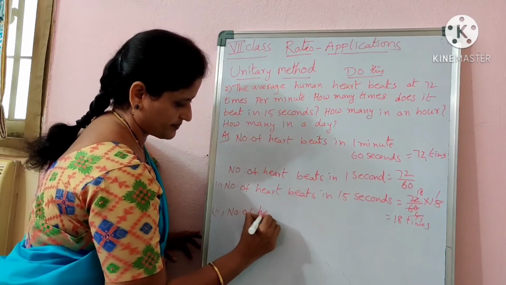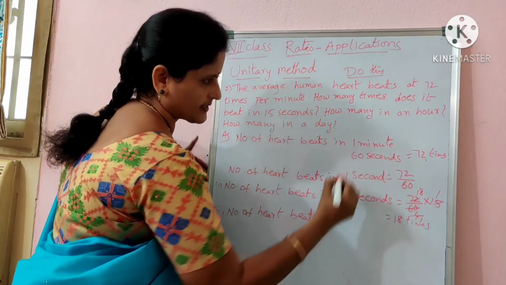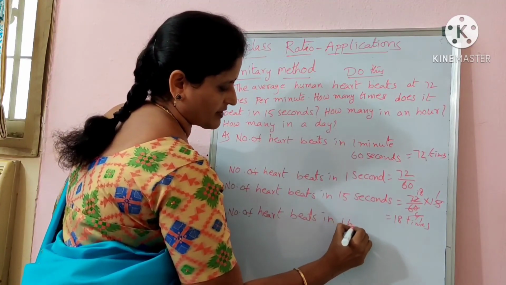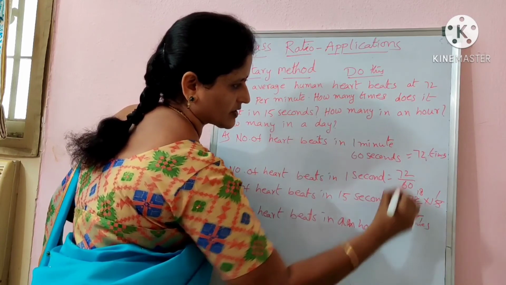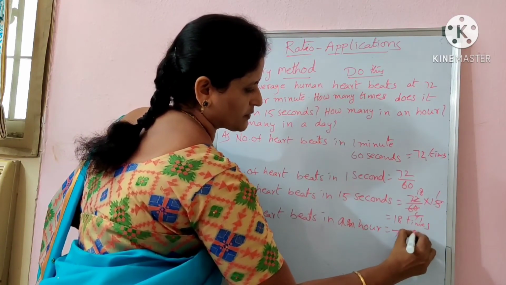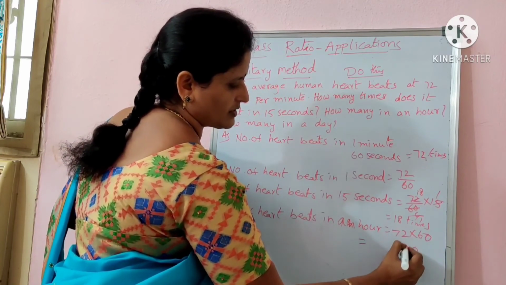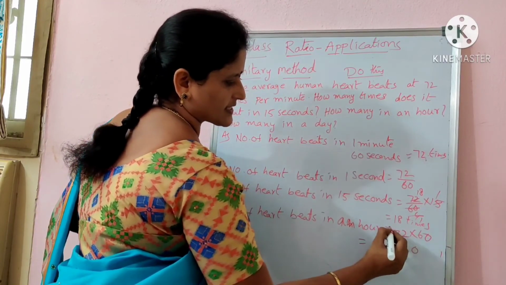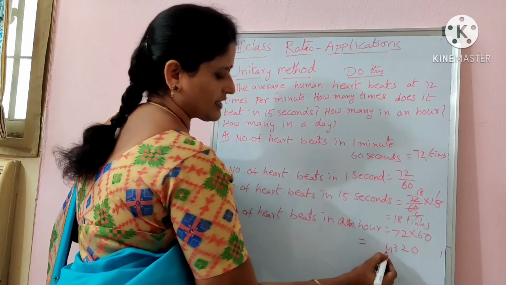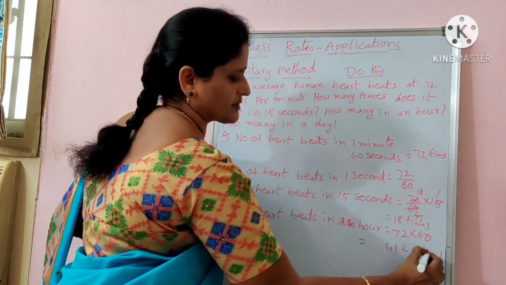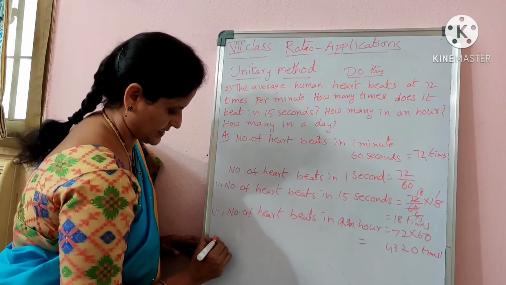Number of heartbeats in an hour is 72 into 60. 6 twos are 12, 6 sevens are 42 plus 1, 43. So 4,320 times.